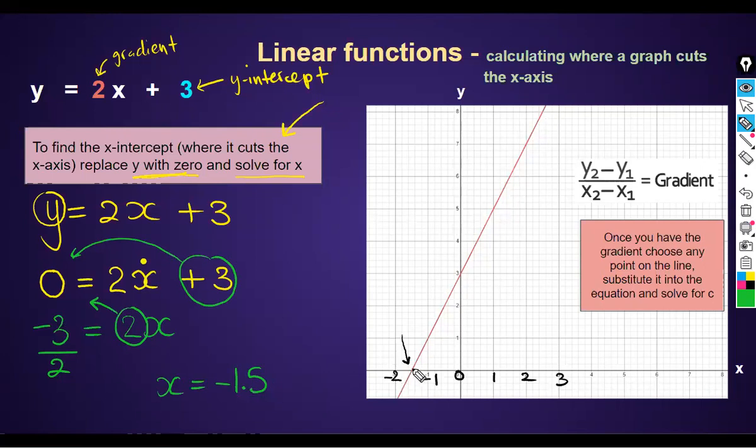It's a real simple procedure. Just replace y with 0, solve for x, and that will tell you exactly where the line cuts the x-axis. Take 20 seconds, take down what you need to, and we will move on.